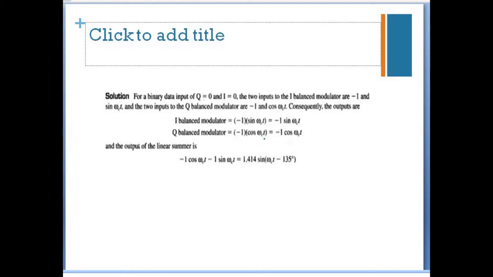Then there is the out of phase carrier, cos omega ct, so we have minus cos omega ct. These two signals are combined, and we get minus cos omega ct minus sin omega ct. Mathematically we can write it in terms of magnitude and phase, that is 1.414 sin(omega ct minus 135). That means if I equal to 0, Q equal to 0, we will get a signal with a phase shift of minus 135 degrees.